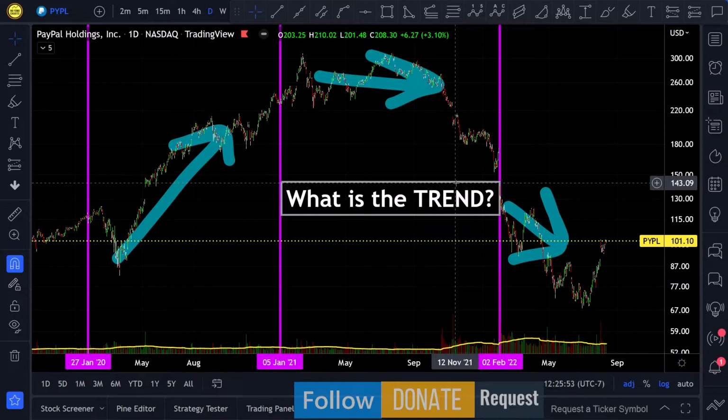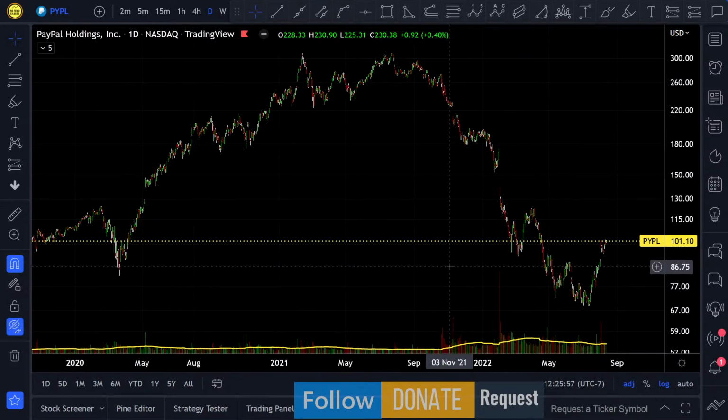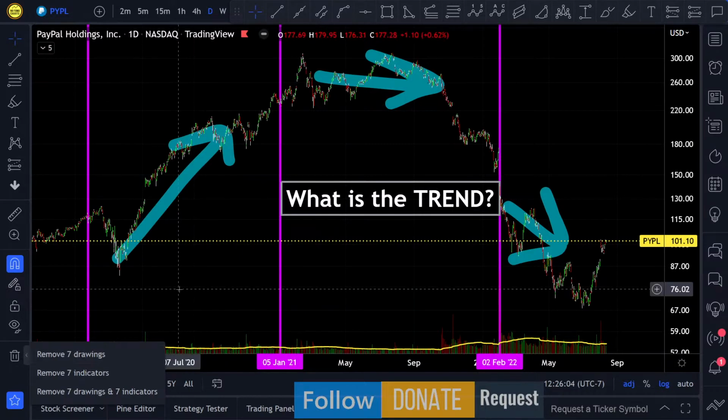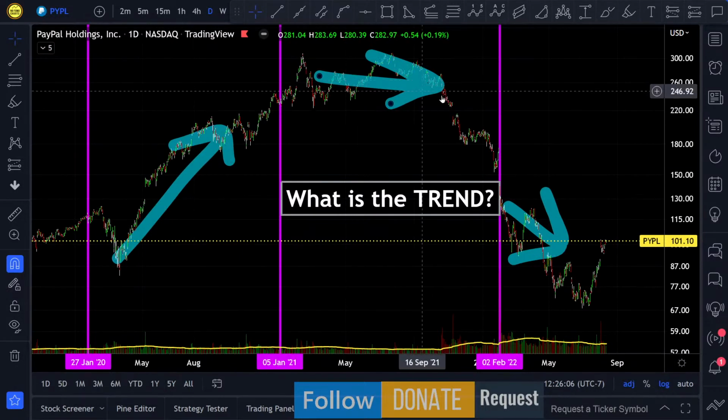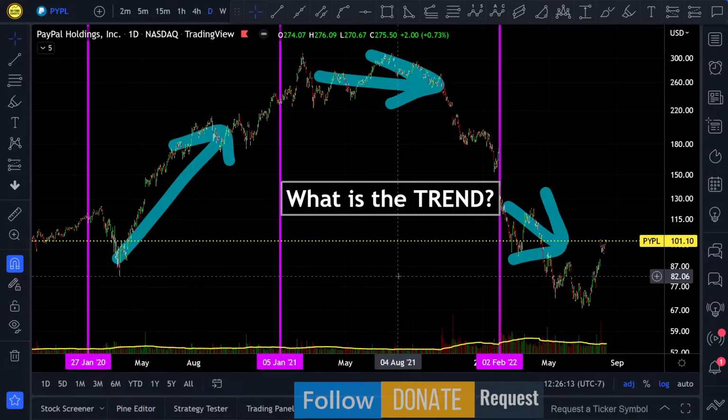Up, sideways, or down trend. So that's how you could get ahead of a lot of other people, because most people in the world, nobody's thinking about this unless you're a technical analyst, or like an economist.